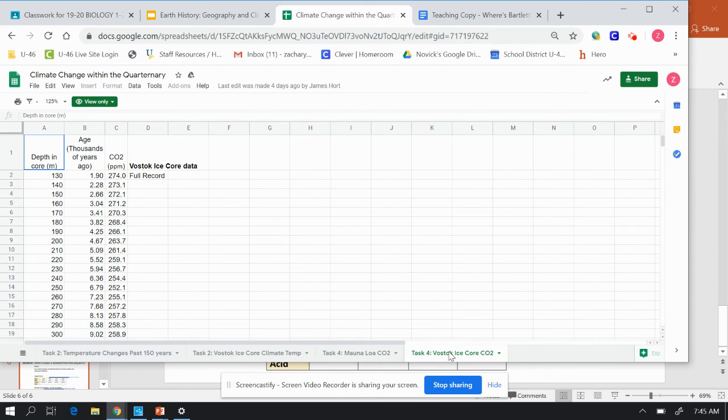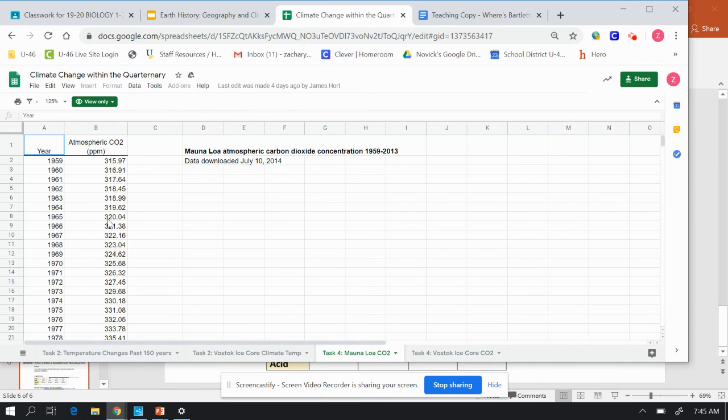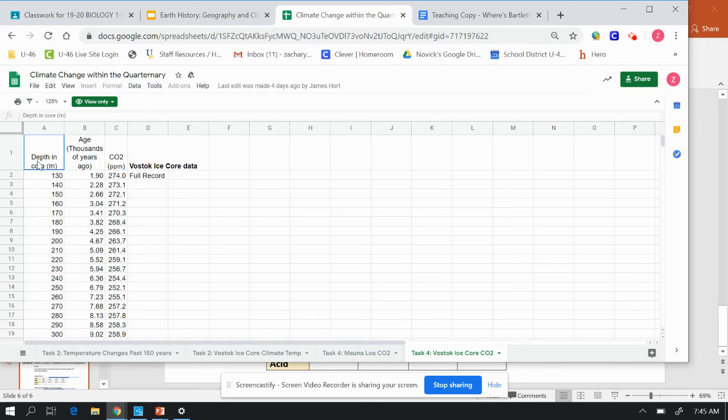Here's another one of the tabs for task 4. And again, you see the relevant data, year, CO2, and then depth in core, thousands of years ago, CO2. ppm stands for parts per million. So that's the unit of measurement there.